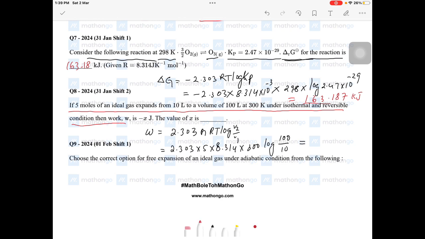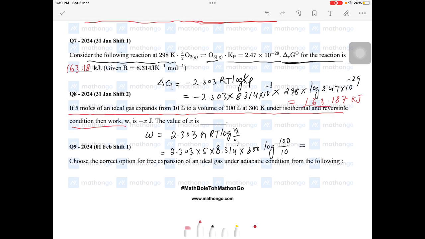Simplify this, will get 28,700 joules, that is minus. Here also minus.